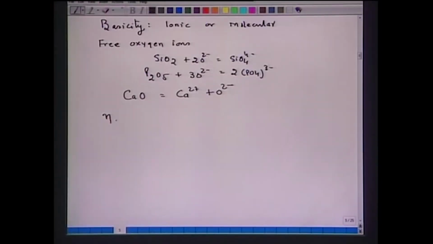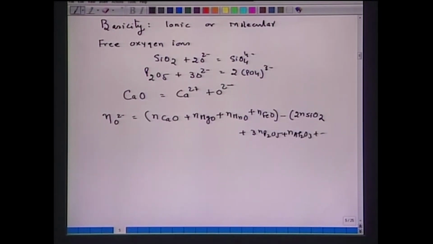So, we can quantify the free oxygen which is available per 100 gram of the slag; that will be equal to nCaO plus nMgO plus nMnO plus nFeO, because they are all oxygen donors, minus 2nSiO2 because 2 O2- is required, plus 3nP2O5 because 3 O2- is required, plus nAl2O3 and so on.